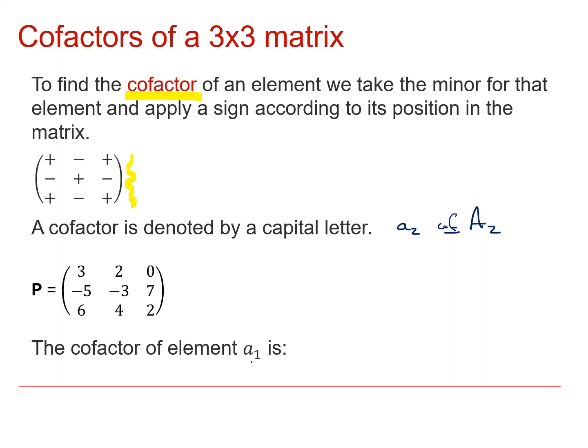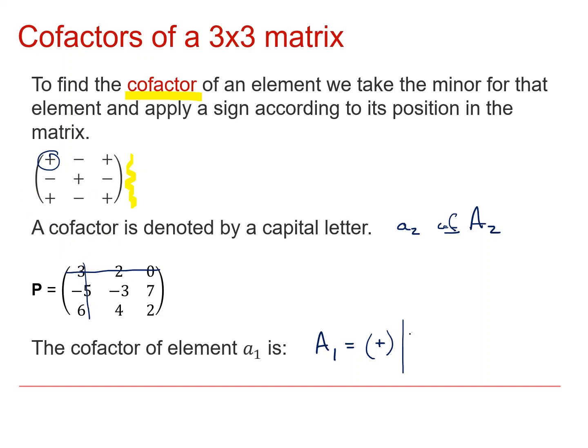So if I want the cofactor of element a1, that's going to be capital A1, and that's going to be equal to the sign from this matrix, so that's that sign there, so it's a plus sign, times the determinant of what's left when I remove the row and column that a1 sits in.